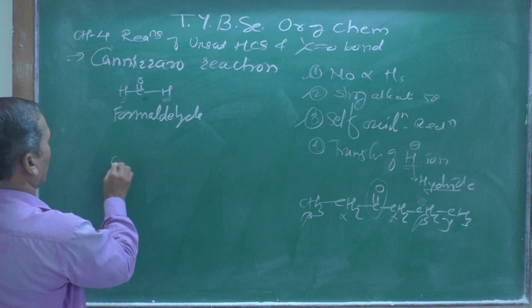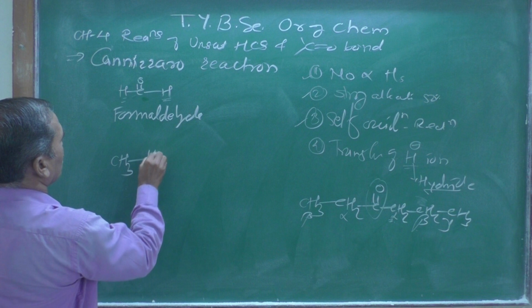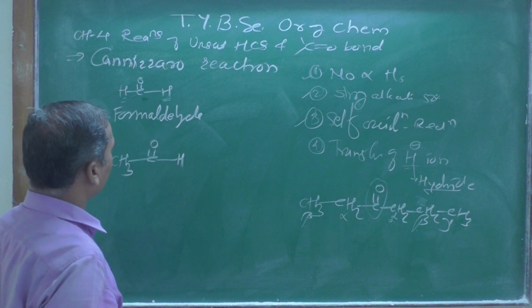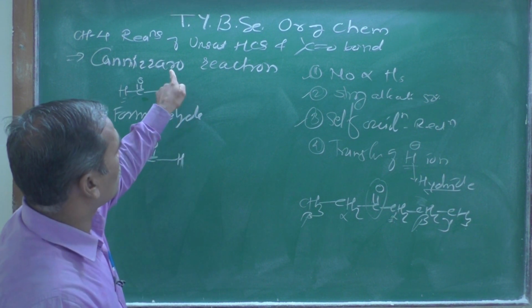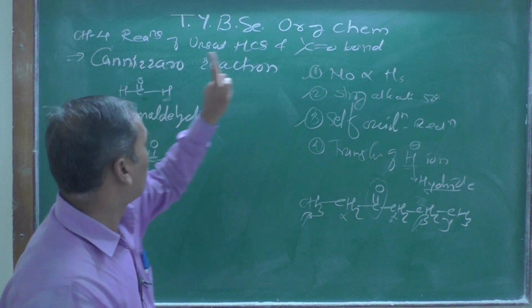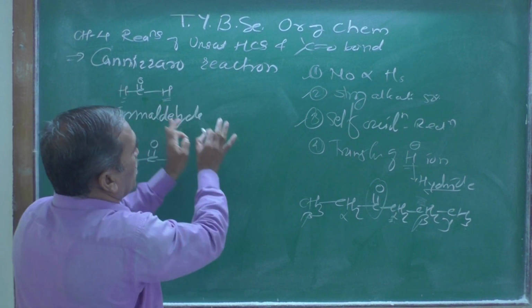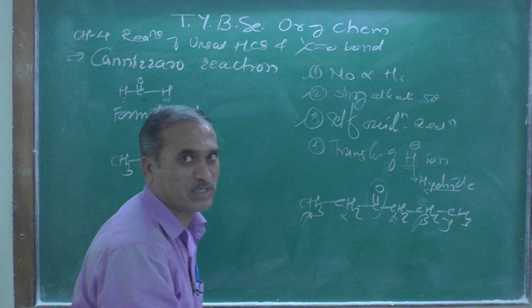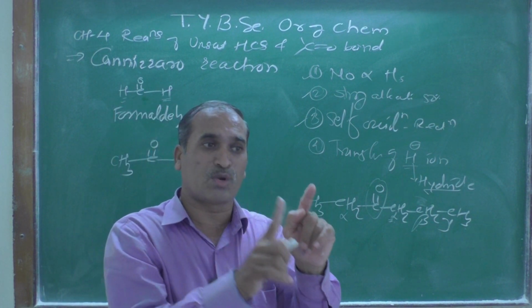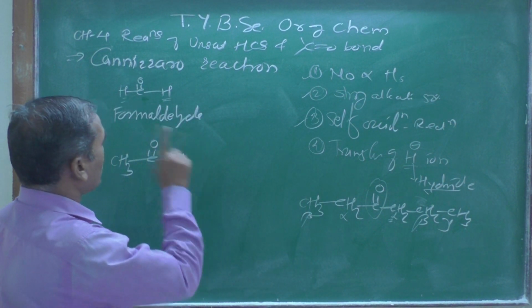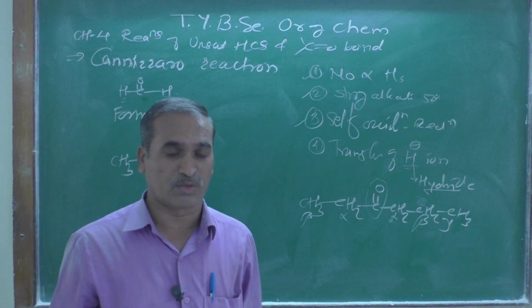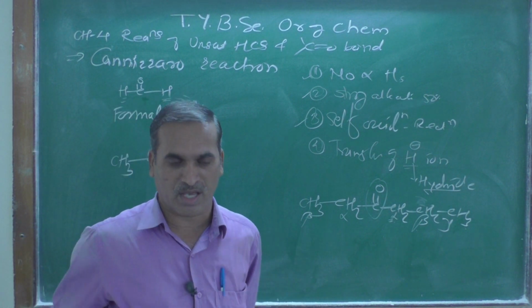Now let us look at CH3, C double bond O and H, right? Formaldehyde undergoes Canizzaro's reaction because formaldehyde does not contain an alpha hydrogen atom, and therefore it undergoes Canizzaro's reaction. A two mark question may appear in the exam.